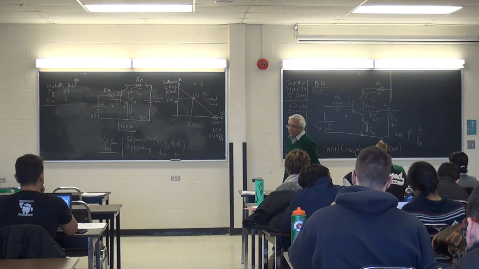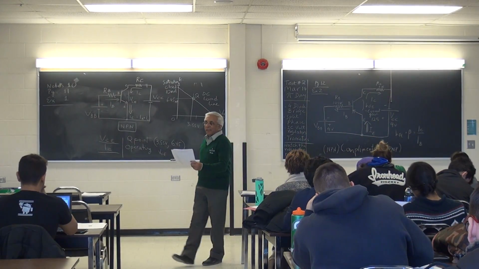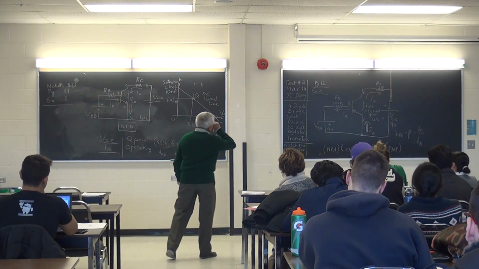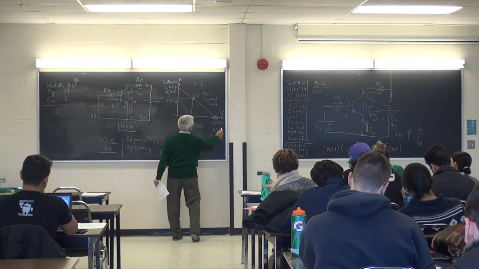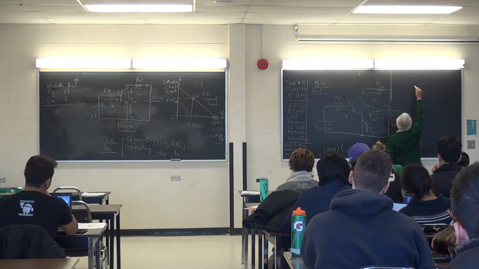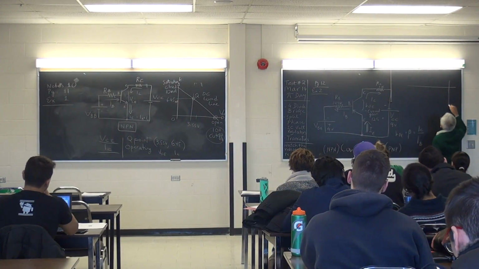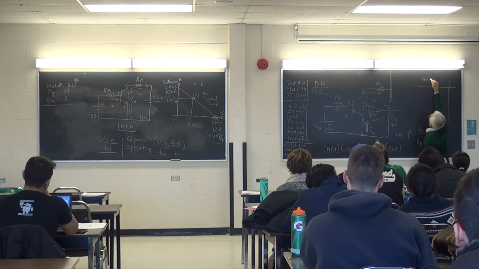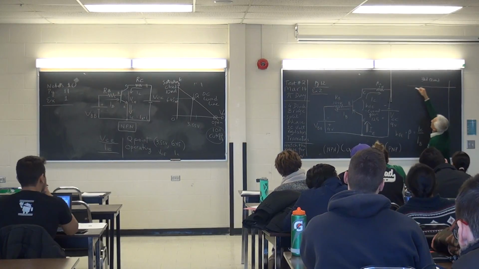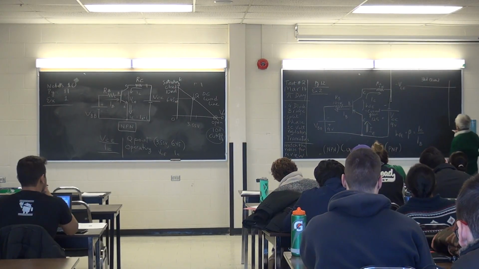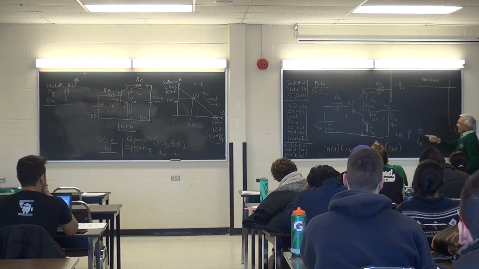Okay, so let's analyze this circuit. The first thing I will do is identify VCE cutoff, this point here. So what I do this time is show my graph in the third quadrant. Why third quadrant? Because the voltage is negative and the current is negative.